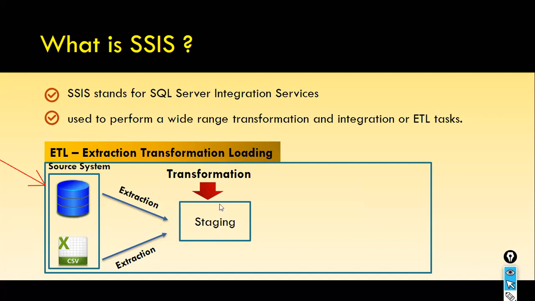Traditionally, we extract the data, pulling all the tables and columns from the source systems that are required for analysis or reports, and then we simply load it into the temporary area called the staging area.